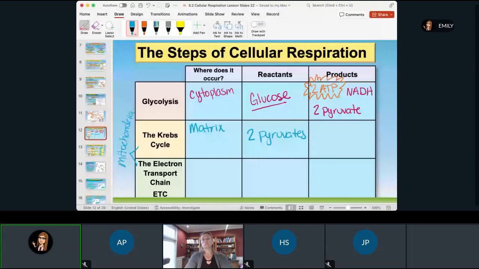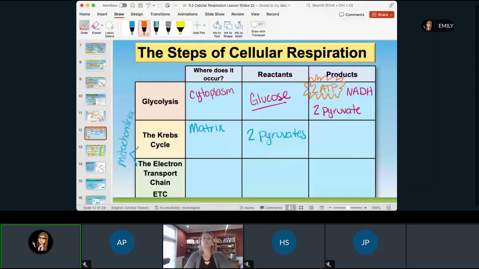What are my 4 different products that I get from the Krebs cycle? Everyone should have the notes in front of them, so feel free to scroll up and look at the photos. Look at the equations. Good.